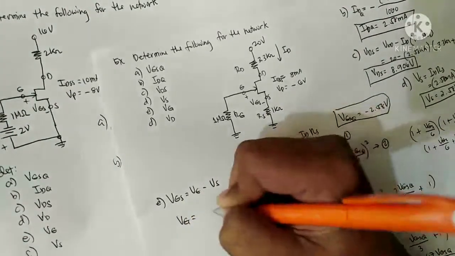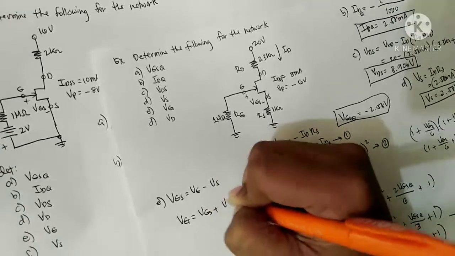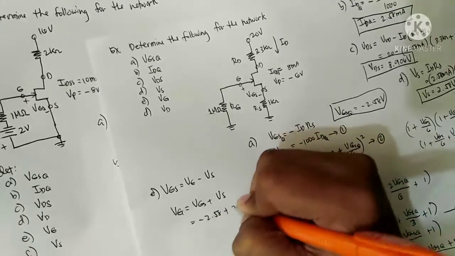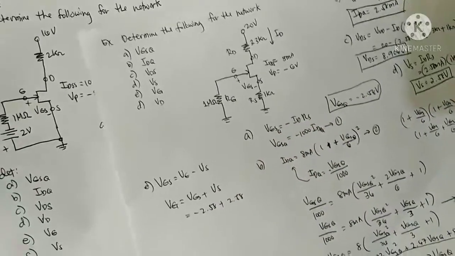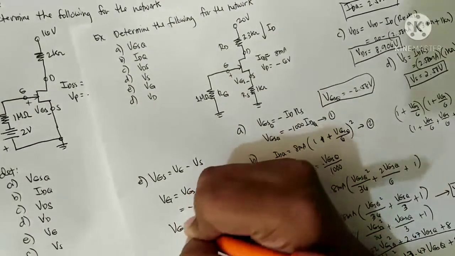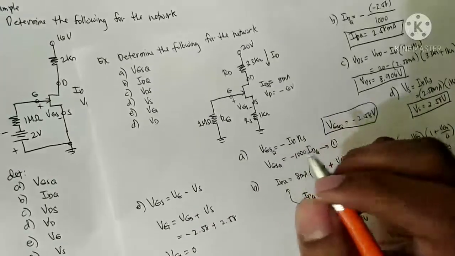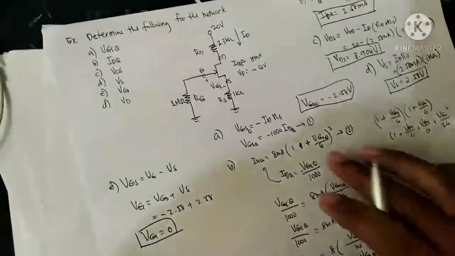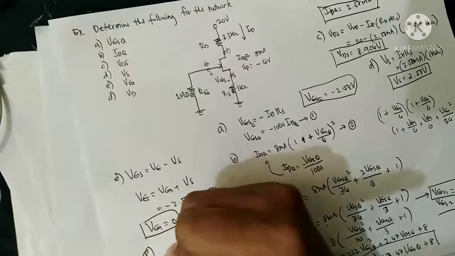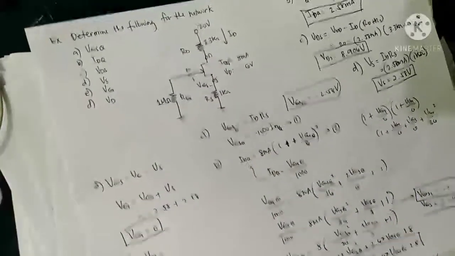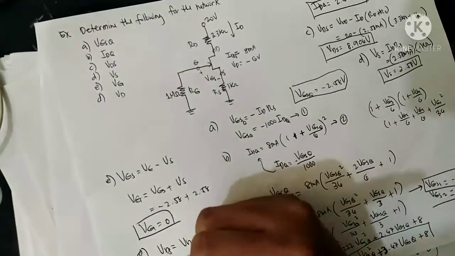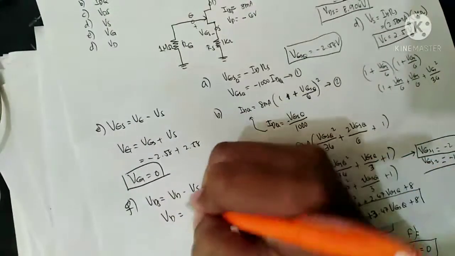So this is 20 minus 2.58 milliamps times RD, 3.3 kilo ohms, plus RS, 1 kilo ohm. So on the calculator, 20 minus 2.58 times 3.3k plus 1k. It is equal to 8.906 volts. That's VDS.